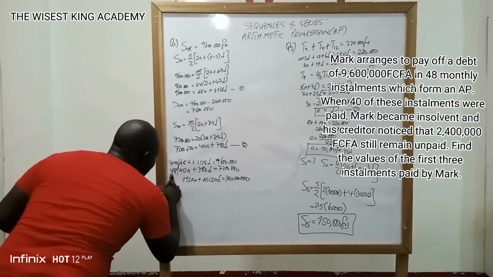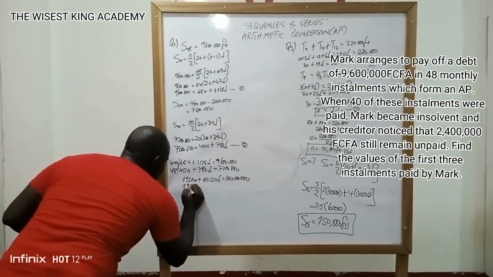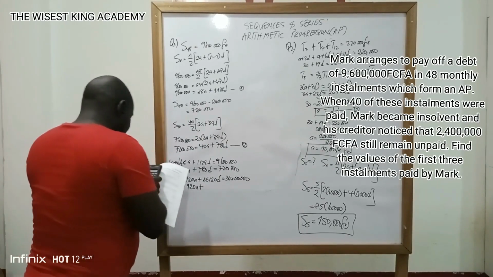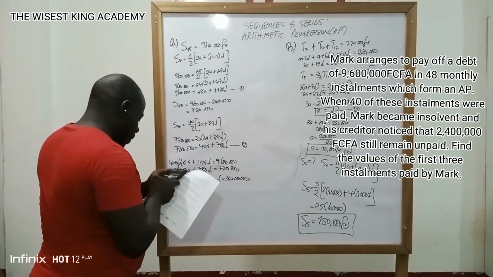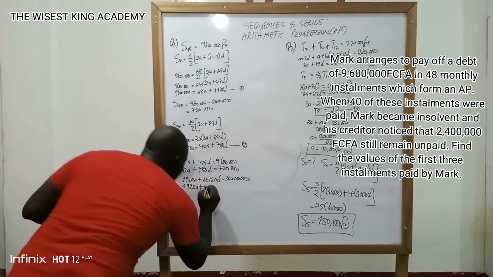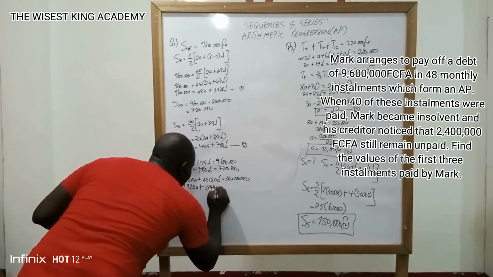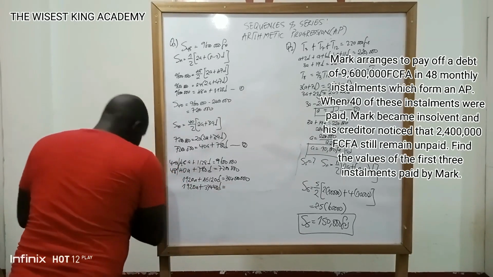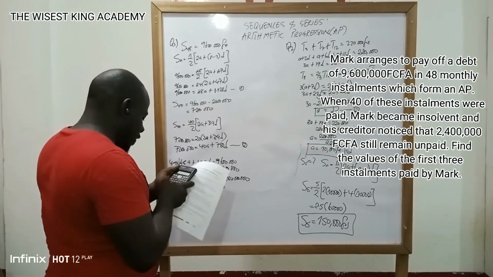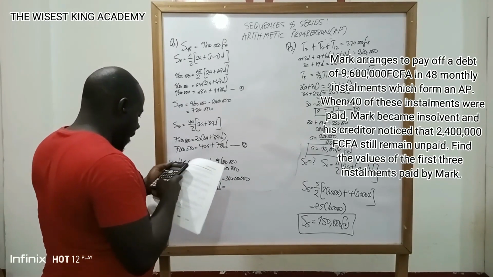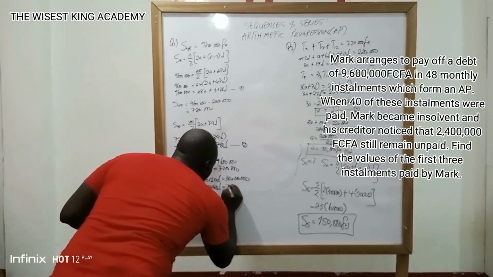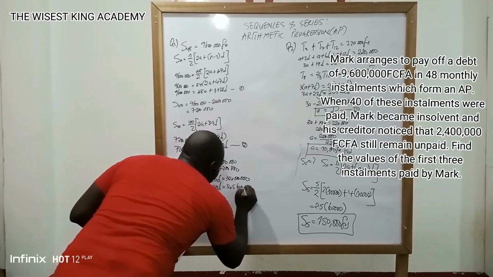So multiply 48 times 40, that's going to give us 1,920a plus 48 times 780, which is 37,440d, equals 48 times 7,200,000, which is 345,600,000.